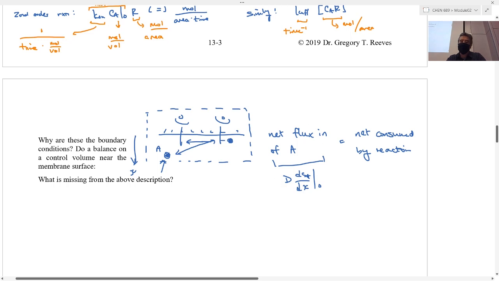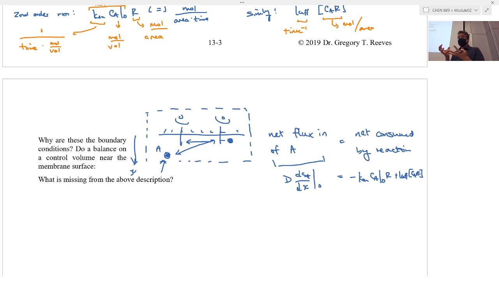But the net flux in is positive D dCA/dx, and that's equal to the net consumed, which would be minus k_on CA(0) R plus k_off CAR complex. I'm running out of room. Okay, so the balance makes sense when you think about it this way.